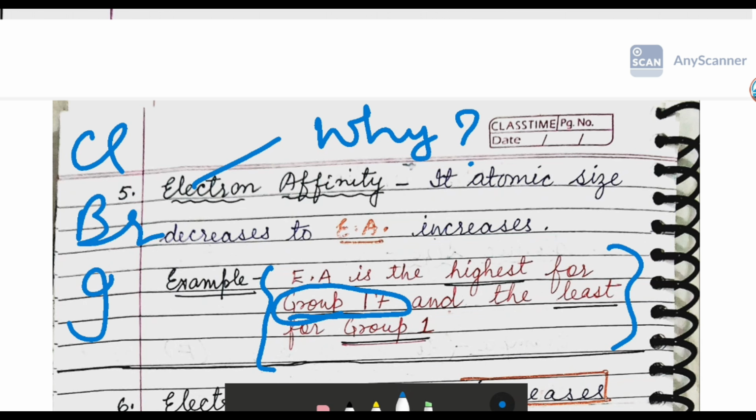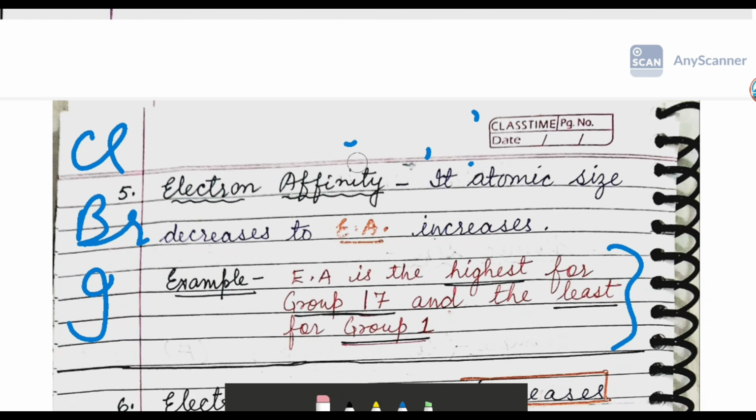They have the highest electron affinity because in the last valence shell they have 7 electrons, that is why they are put in this group, and they need only 1 electron to be added to complete the shell.